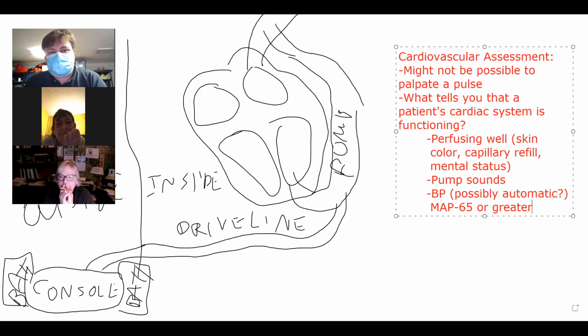What your protocols in the Vermont EMS protocol book recommend, and what most VAD manufacturers recommend, is that you call the on-call consultant for ventricular assist devices.